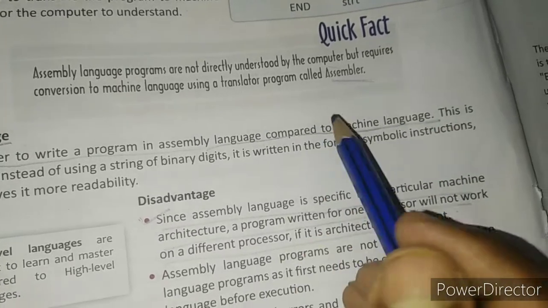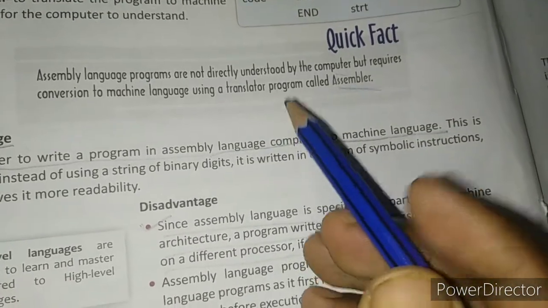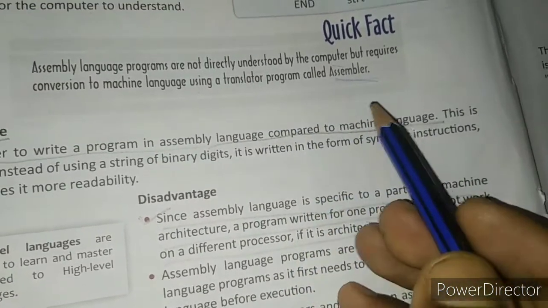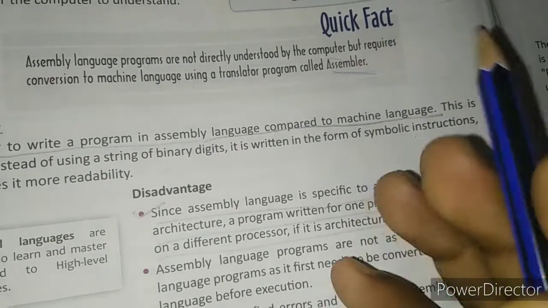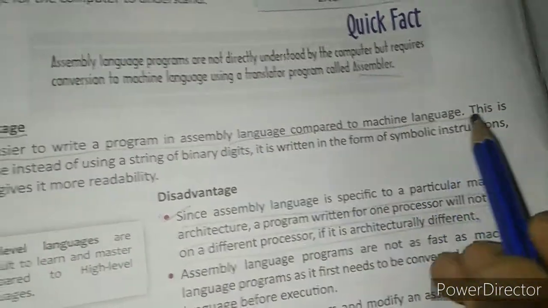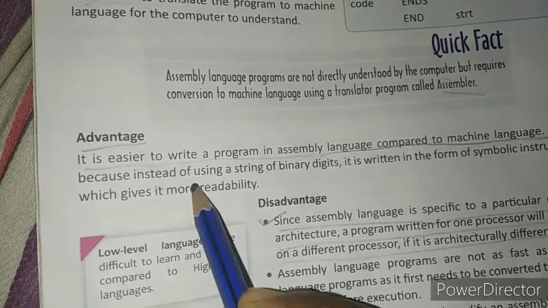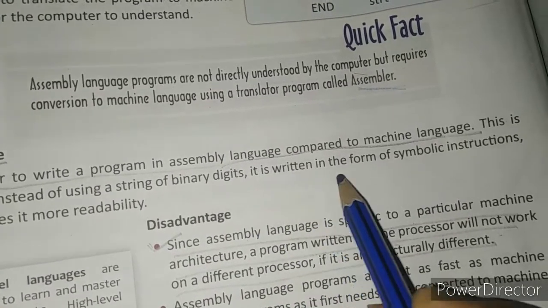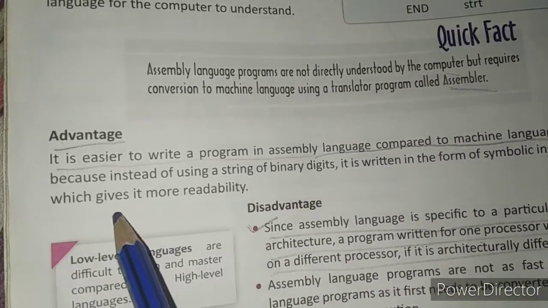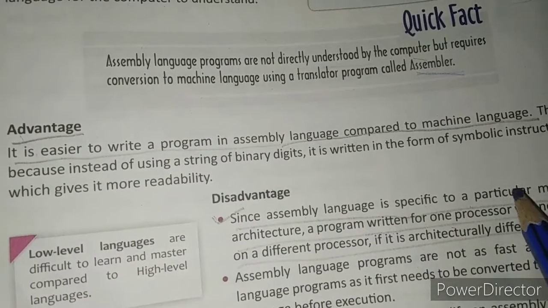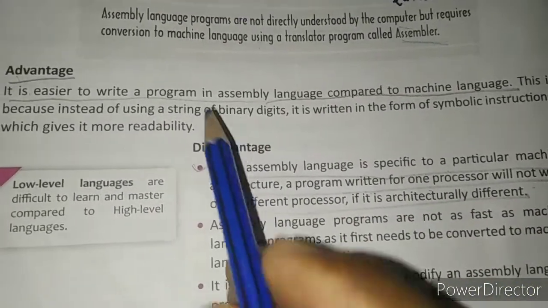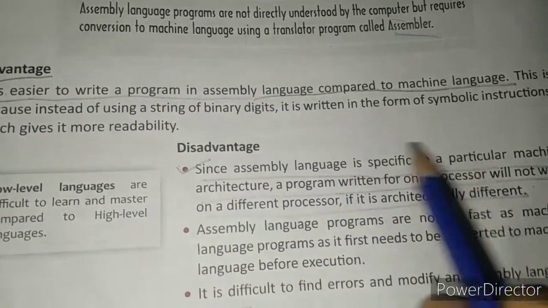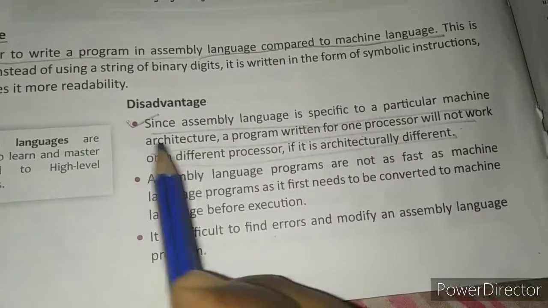It means when we compare assembly language with machine language as binary language, it is easy to write the program in assembly language. This is because instead of using strings of binary digits, it is written in the form of symbolic instructions, which gives it more readability, right?